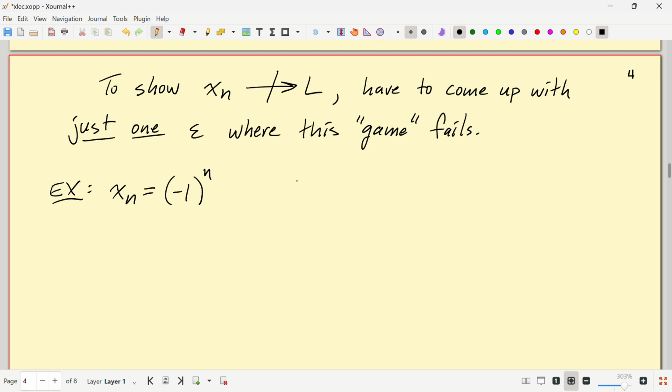So if I were to graph it, here's +1, here's -1, 1, 2, 3. It starts out at -1, and then it's +1, and then it's -1, and then it's +1, and then it's -1, etc.